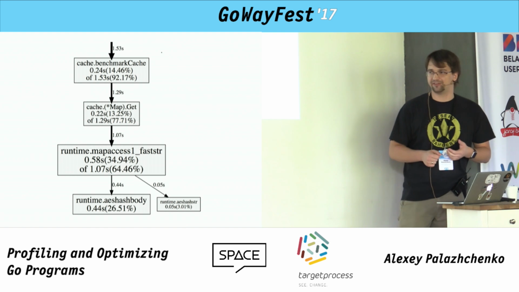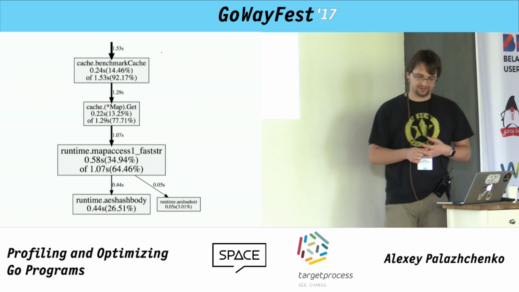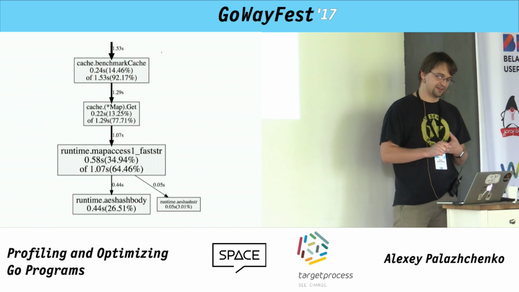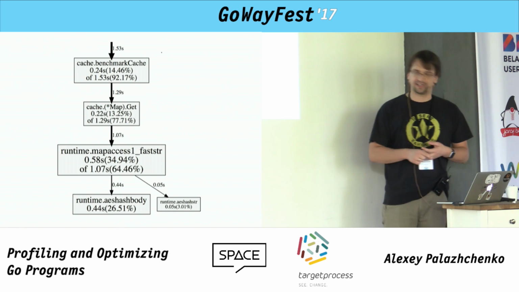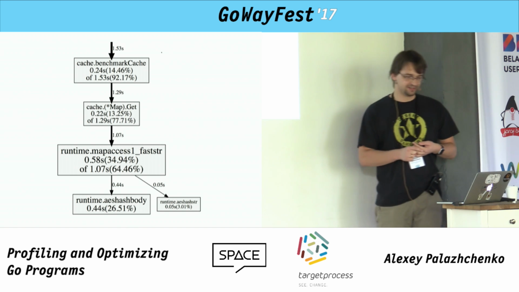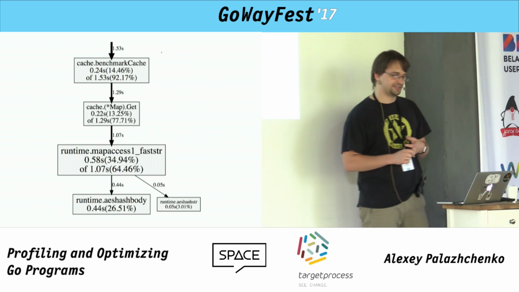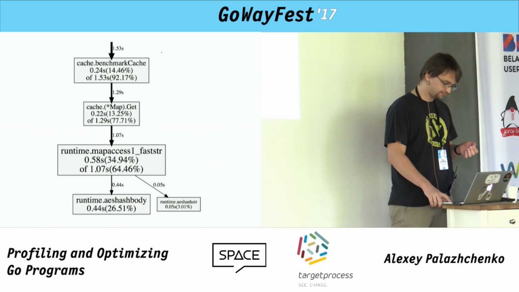So let's say we have a key that's a slice of bytes, and that would be slow. You will see that it uses a generic map access function, not the one optimized for strings. So here we probably can't optimize more, but when you have a different picture, you will get an idea that probably you should optimize something here.